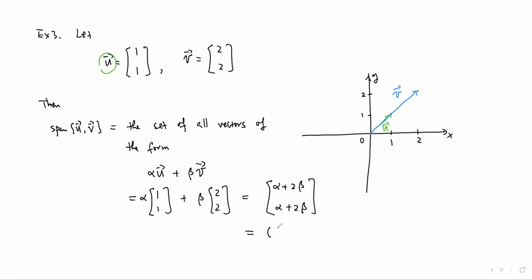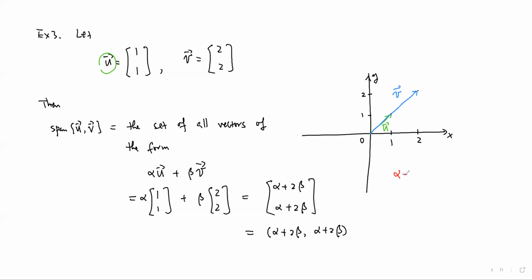Alpha, beta, arbitrary. Now, let me pick some values for alpha and beta.